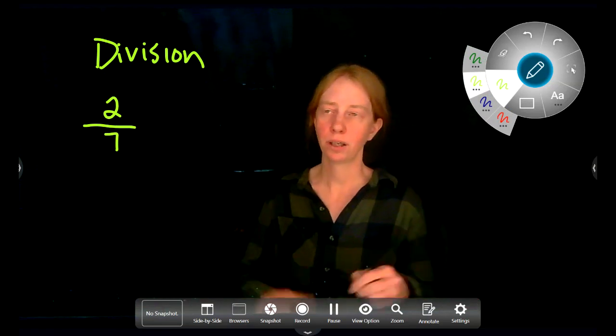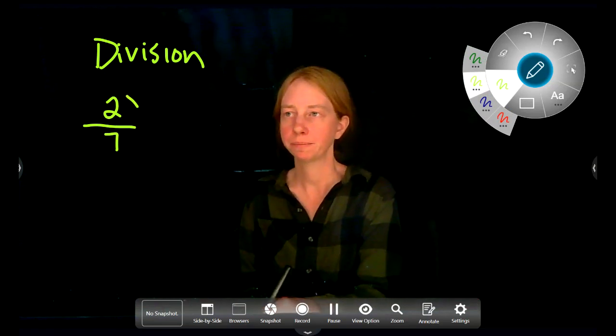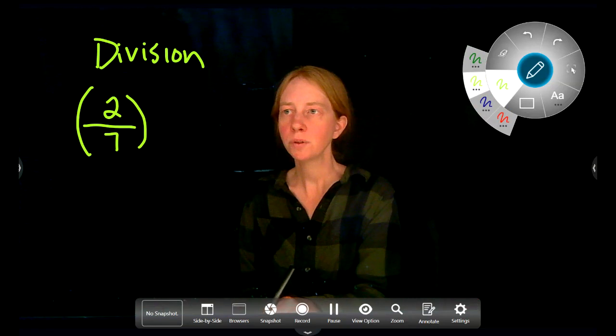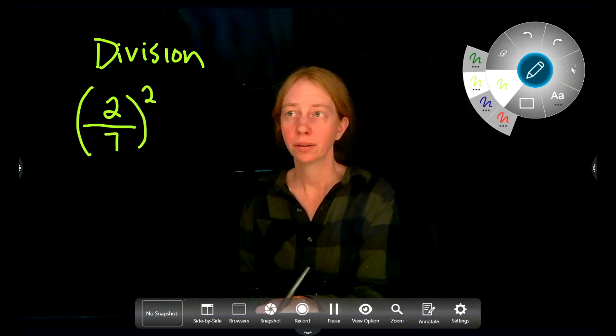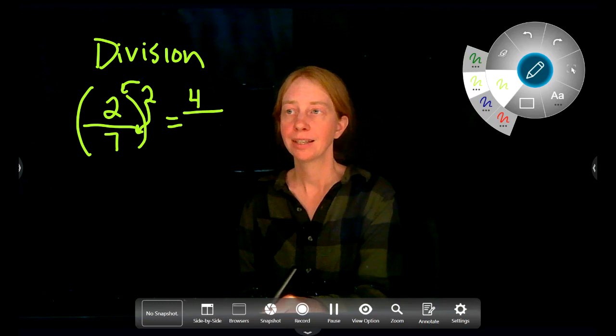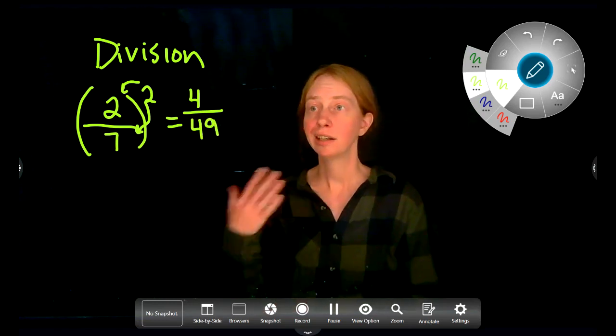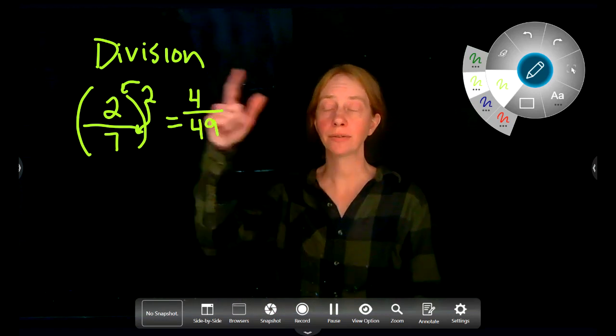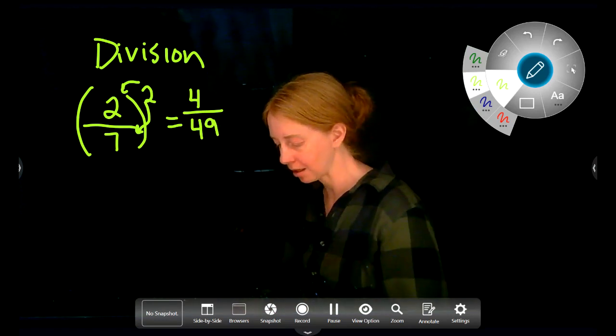It's going to be kind of annoying. Okay, we're going to use it anyway. If 2/7 is squared, we're going to square both the top and the bottom. So 2 squared is 4. 7 squared is 49. Okay, nothing special there other than you have to square both the top and the bottom.